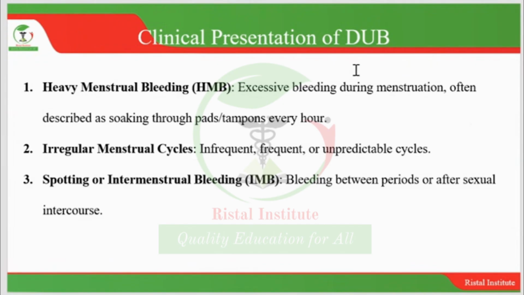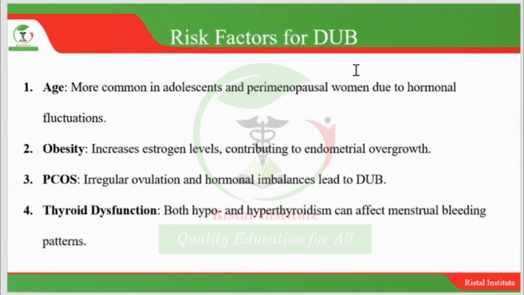This is what we refer to as heavy menstrual bleeding. Then irregular menstrual cycles: infrequent, frequent, or unpredictable cycles. Spotting or intermenstrual bleeding: bleeding between periods or after sexual intercourse. Those are some of the clinical manifestations.